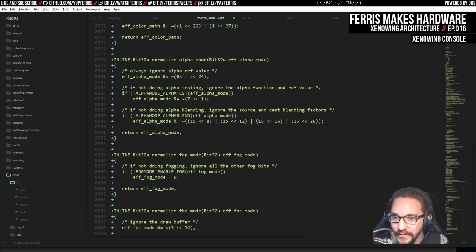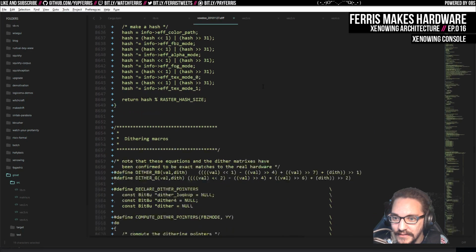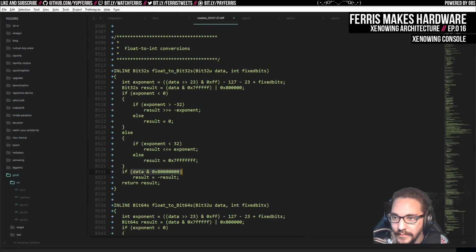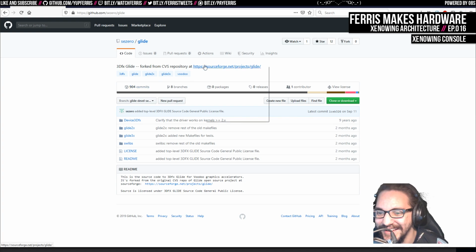I wonder where a lot of this code comes from. I can't imagine this was easy to write. But I'm sure I could also find some Glide source elsewhere. In fact, actually, 3dfx Glide. Is this the real thing?